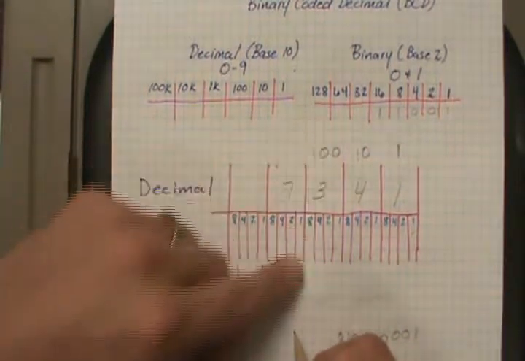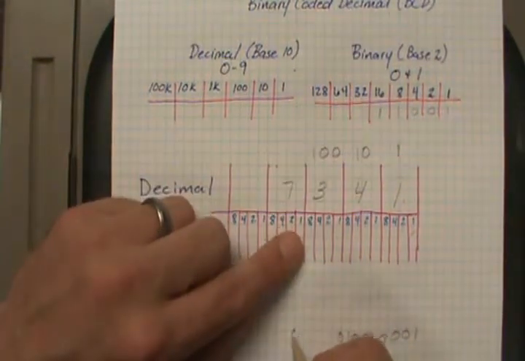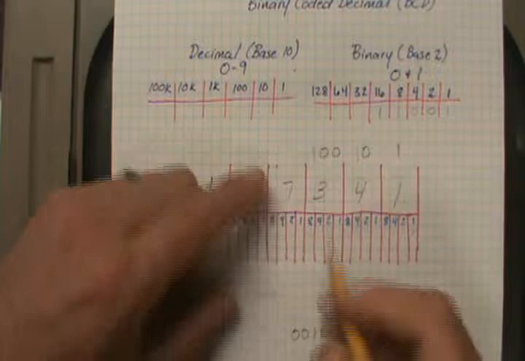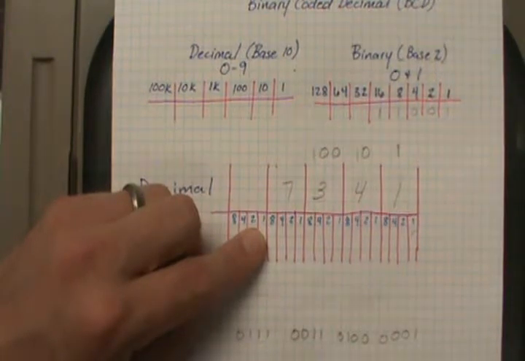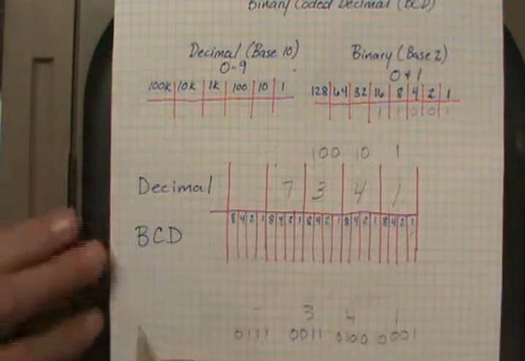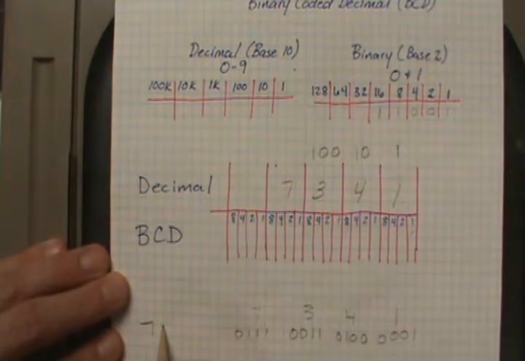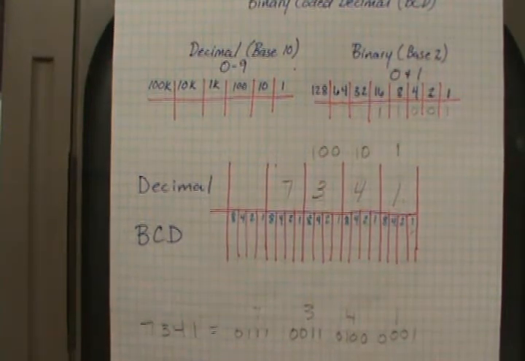Let's craft the 3 in the hundreds column: 0, 0, 1, 1. And then in the thousands column, we're going to have 0, 1, 1, 1. So we've got 7, 3, 4, and 1: 7,341. And that's our BCD equivalent.